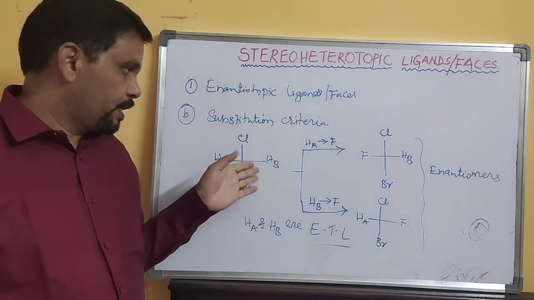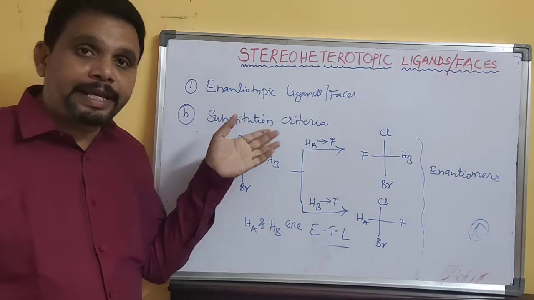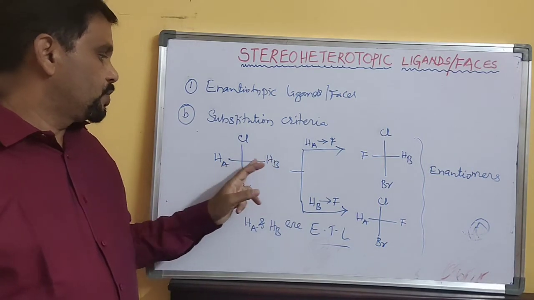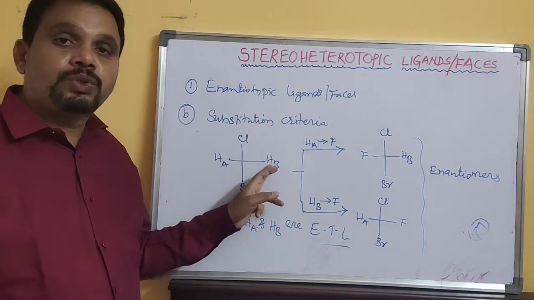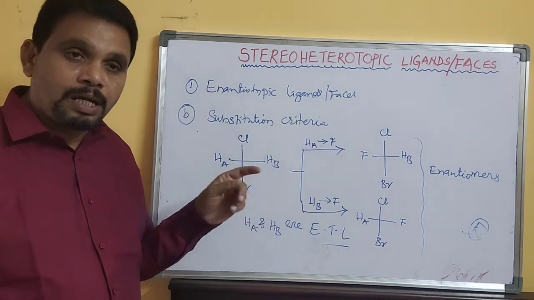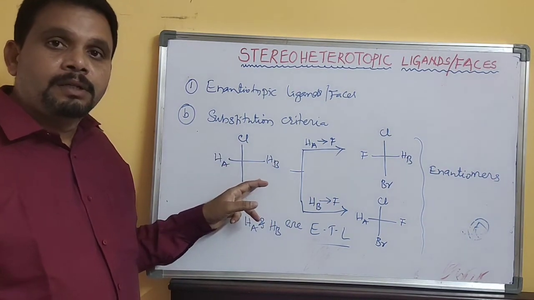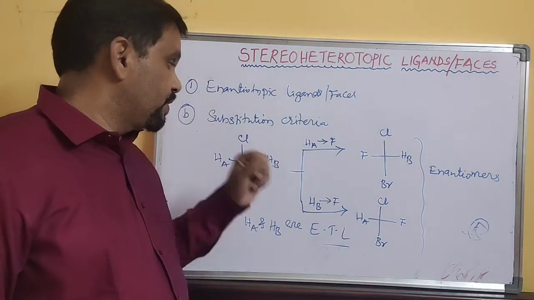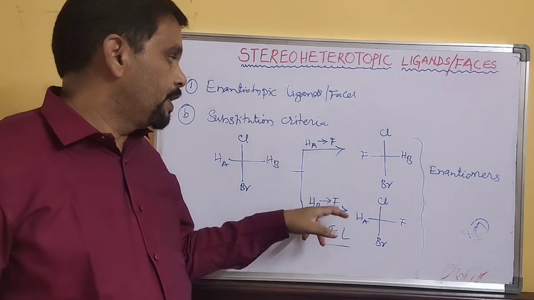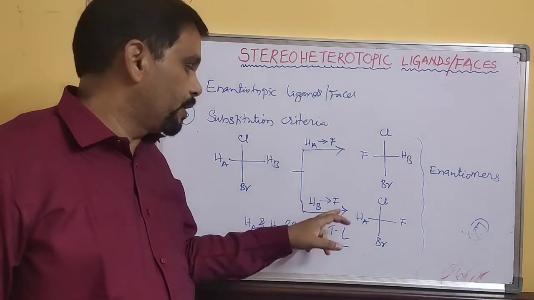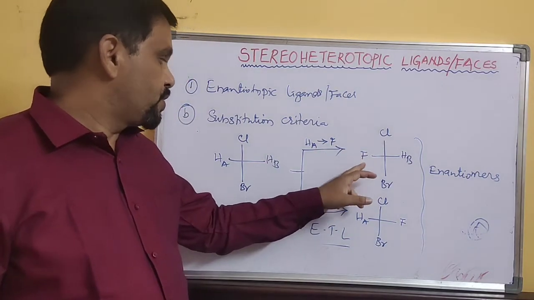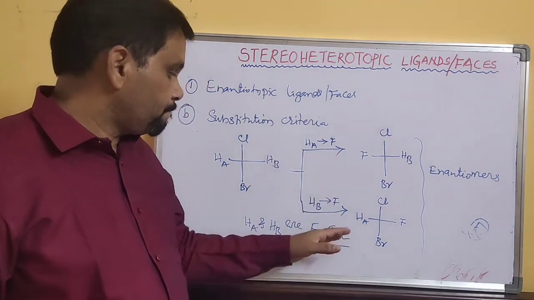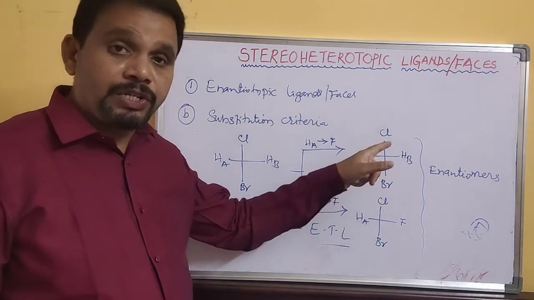Can I define once again these enantiotopic ligands based on substitution criteria? These two hydrogen atoms, or ligands in a molecule, when hypothetically substituted or added with a new atom or group, here the new atom is fluorine, generate enantiomers.